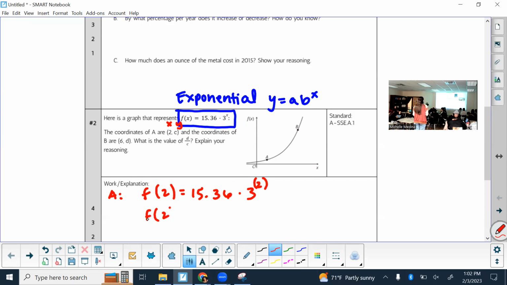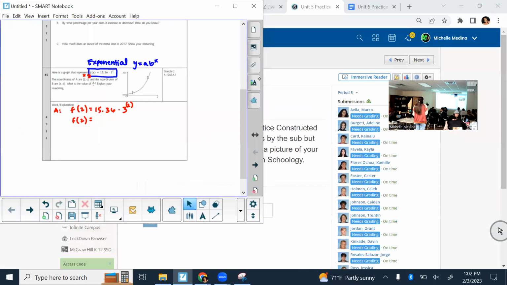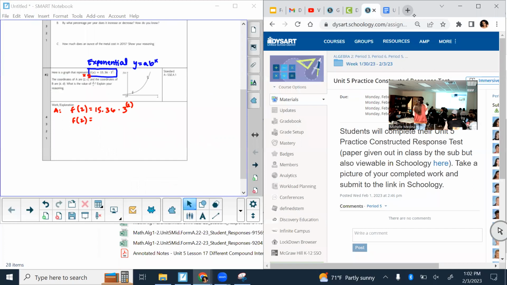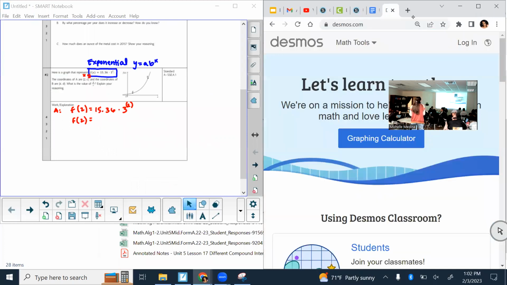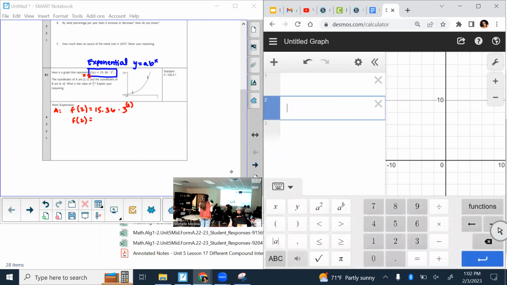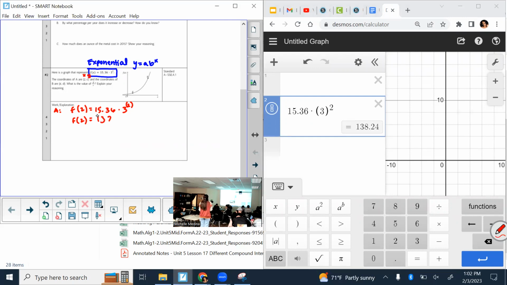So the left side is just notation, the right side, put it in the calculator. Alright, trying to get the calculator up. But 15.36 times 3 squared looks like that. And I get 138.24. So that is also my value for the C.